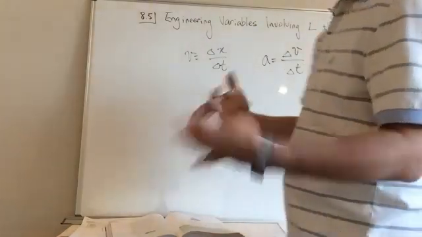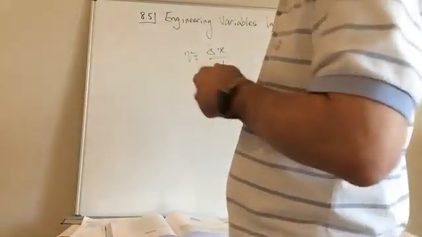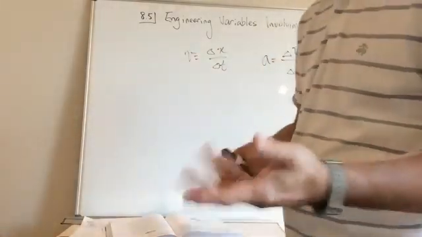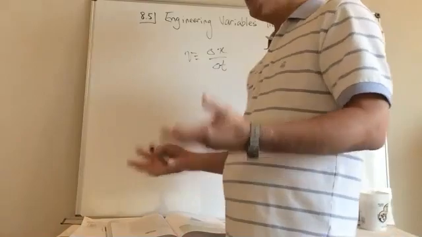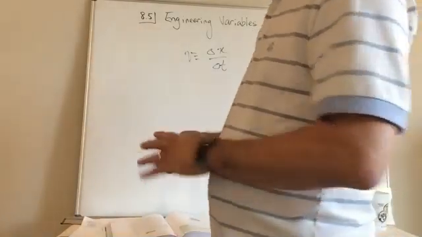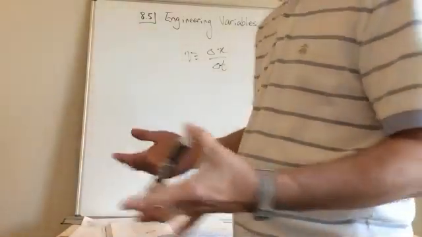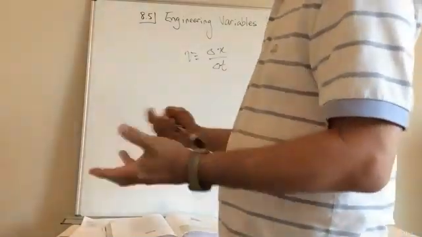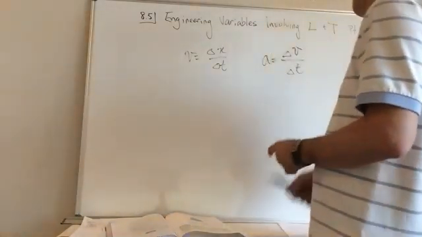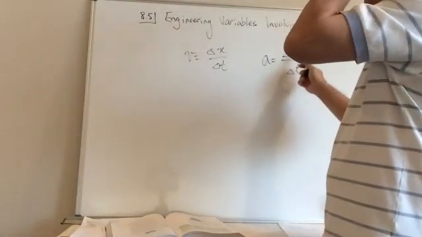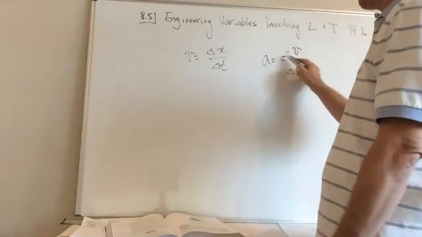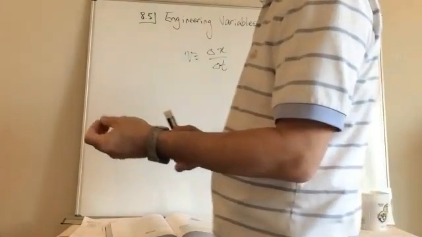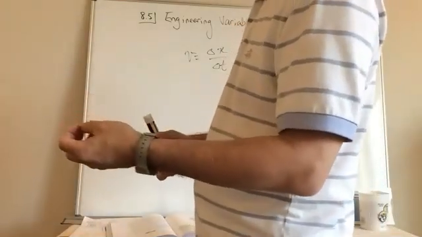I'm using speed and velocity synonymously here, which is a big no-no in physics and engineering, but it's given that you know the direction, so you can use them as the same. Acceleration is the change in velocity over time. In other words, how quickly are you changing velocity?